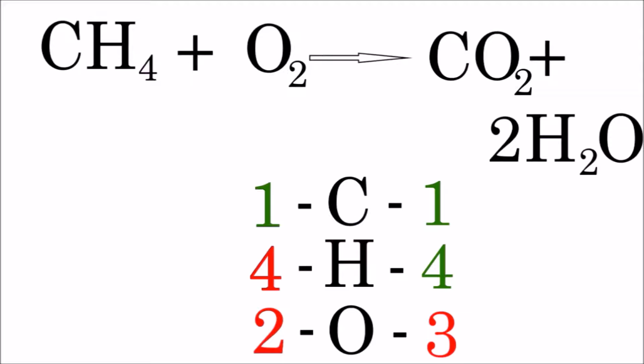This will change our hydrogen to a value of 4, working everything out there, and change our oxygen to a value of 4 as well, because now we have 2 times the invisible 1 in the water, plus the 2 that are in the carbon dioxide. Now we can put a 2 on the oxygen on the left, giving us 4 total and balancing both sides completely. Hopefully this has helped at least a little bit.